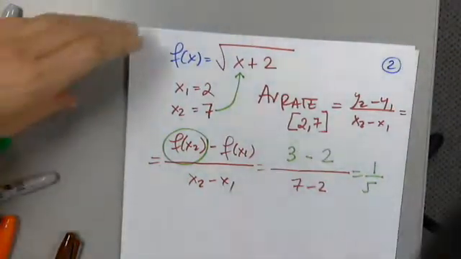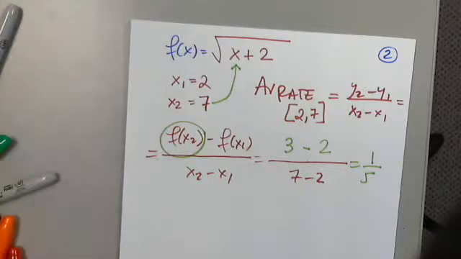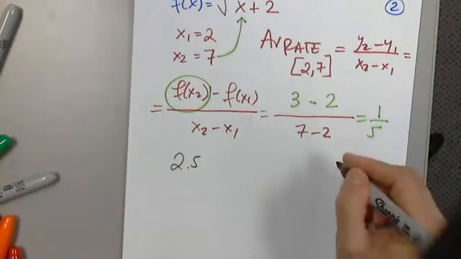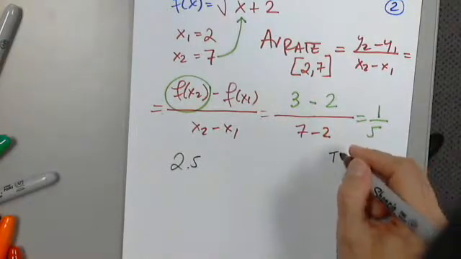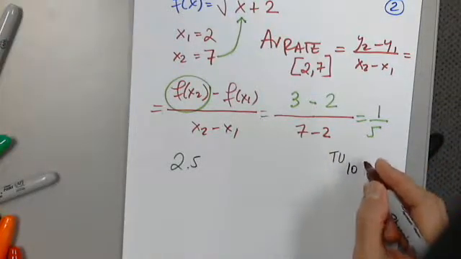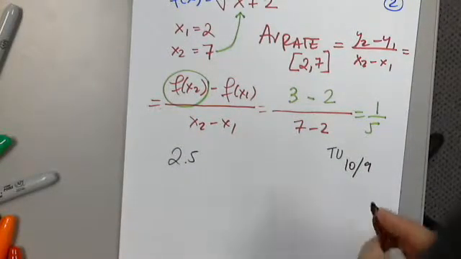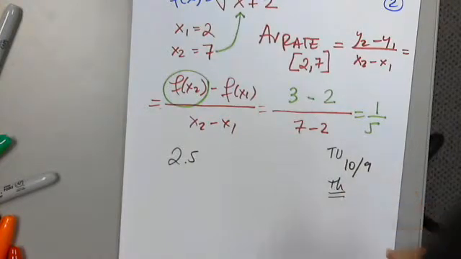Okay, so one more time. Today we are going to try to finish 2.5, which is the last section before the test. Tuesday, the 9th, we will have this test. And on Thursday this week, like today, if we have time, we will review.